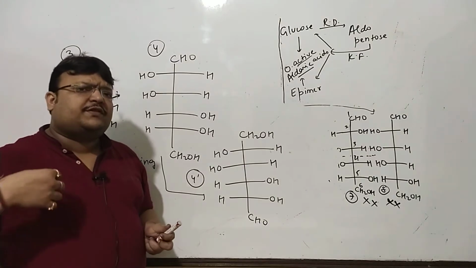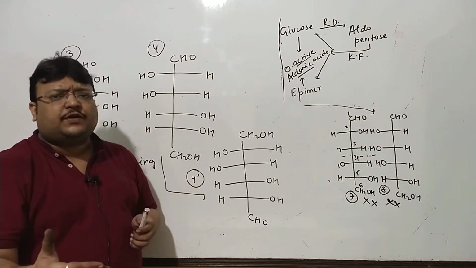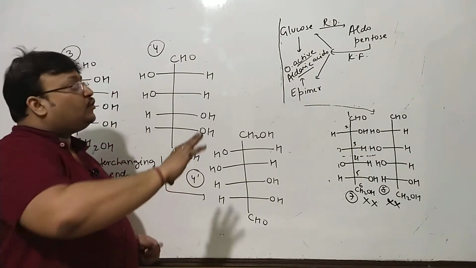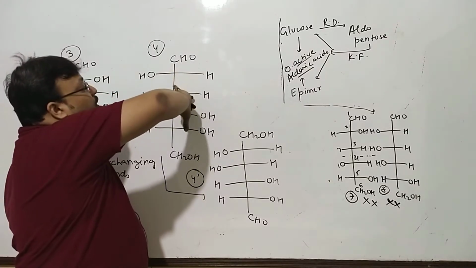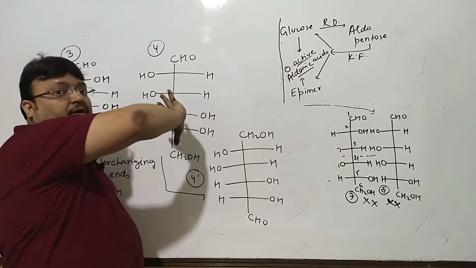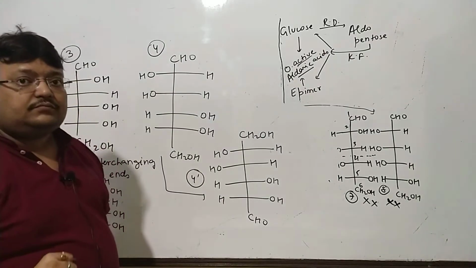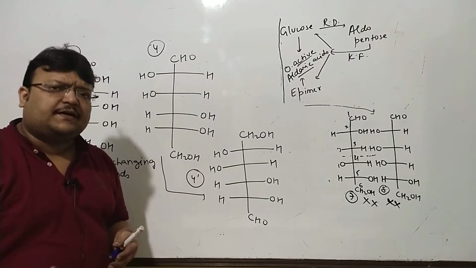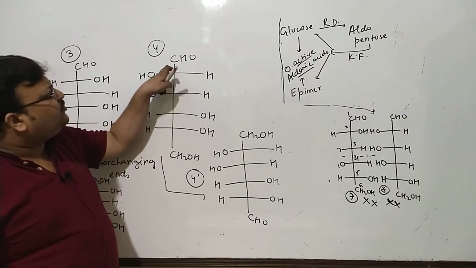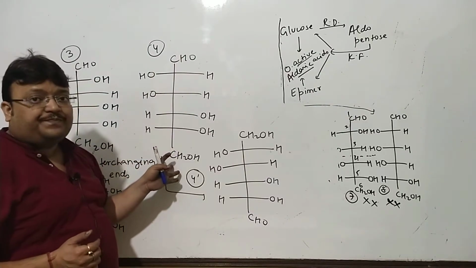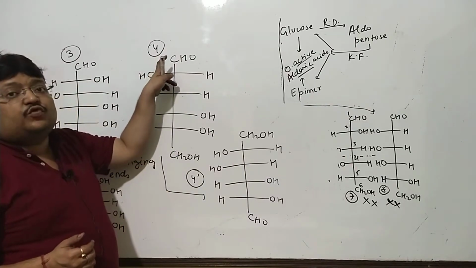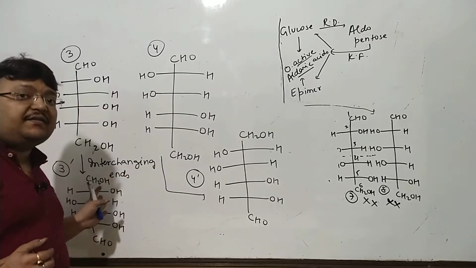When you learn Fischer projection for the first time, you are taught that you can rotate it on the plane of the board. That's allowed. With a lot of effort, you reduce this to CH2OH and oxidize this to CHO, which I am calling interchanging the ends.